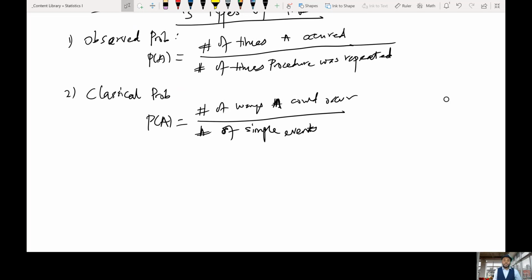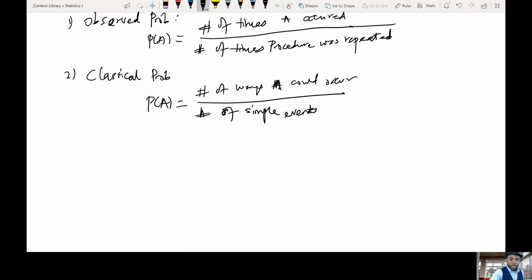And the third type of probability is the subjective probability. What is subjective probability, by the way? Think of the word subjective. When we say something is subjective, what do we mean?